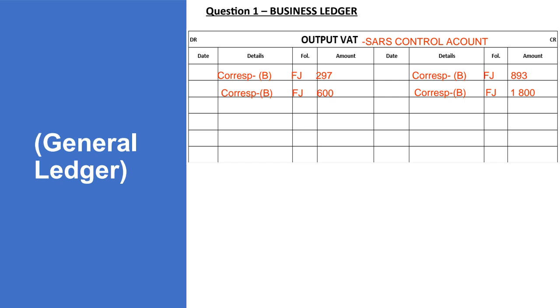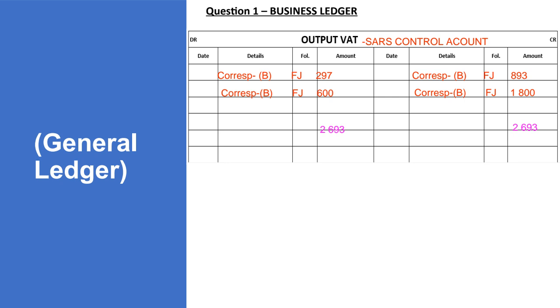Let me use the calculator quickly. 1,800 plus 893 gives 2,693. The biggest side, I must also copy it on the other side. 2,693. 2,693.